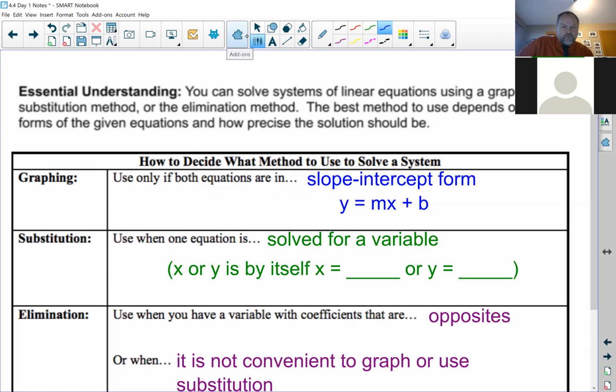So either x equals or y equals. Now, if they're both in that y equals form, I would probably use graphing. But if they're both in x equals, or if only one is in either x equals or y equals form, substitution works the best.